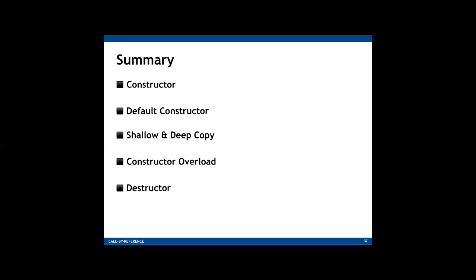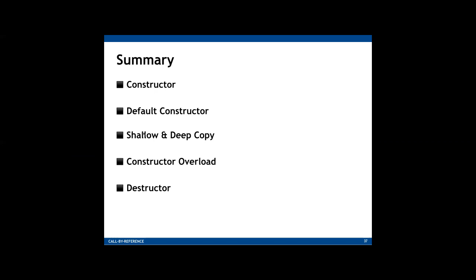Okay, so in summary, in these sessions, we learned about the constructor, which is a special type of member function for initializing objects. And we also learned about the default constructor. The default constructor does not receive any arguments. And if there is no constructor in the class definition, the compiler will automatically generate the default constructor. But you have to note that the default constructor does not do anything. So that will lead to uninitialized objects.